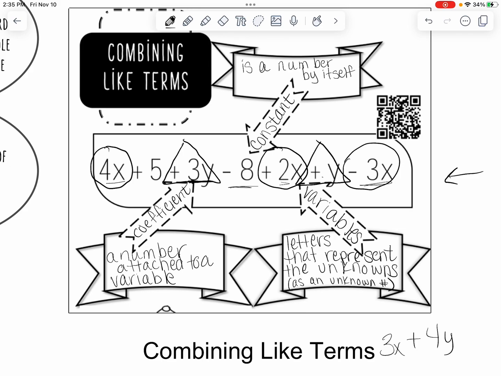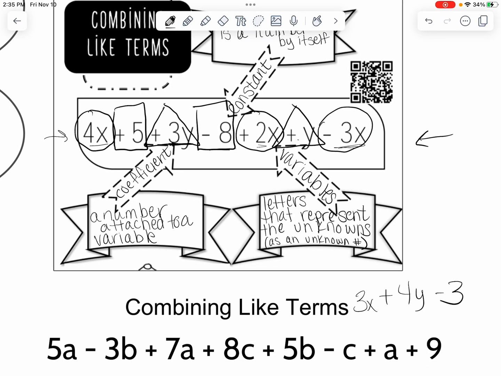Okay, so I had my 4x plus my 2x, which is 6x, minus 3x. So I get 3x. Now I'm going to put a square or a rectangle over my constants. So that would be 5 and minus 8. So that gives me minus 3. So when I combine this, I have minus 3. So I just simplified this expression right here.